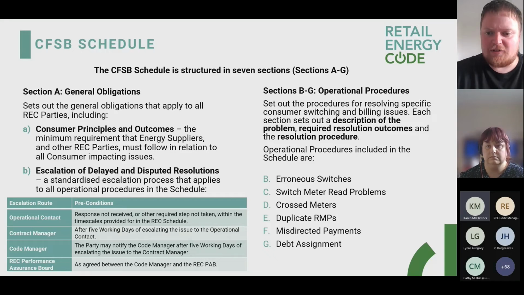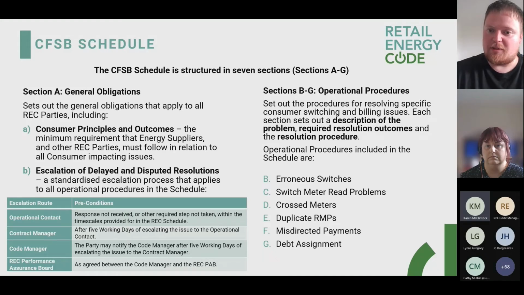So the key emphasis here is that previously there were 3 levels of escalation after a supplier failed to respond to a query: an escalation to an operational contact, then a further escalation to a higher operational contact, and then a final escalation to the contract manager. This slims that down and makes it a bit slicker and says you have to meet your obligation in the REC, you have to respond within the required time, that is your obligation.